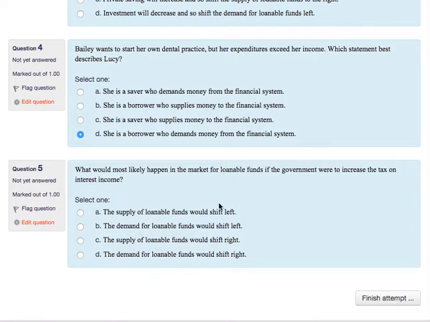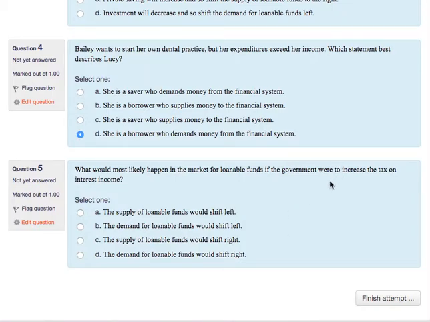So if you're a saver or you're supplying funds to the market, if now you have a higher tax on the interest that you earn on that income, well, you're going to ask for a higher interest rate. So if you think of that supply curve, for that same quantity, you used to ask a certain interest rate. Now you're going to ask for a higher one because you're getting taxed more, and you want to maintain a certain amount of interest after paying your taxes on this interest income.